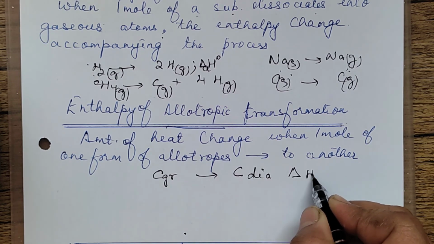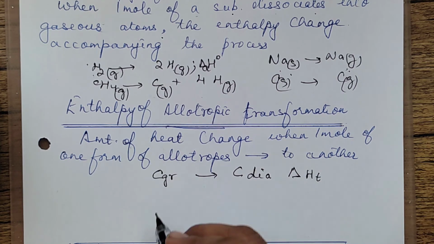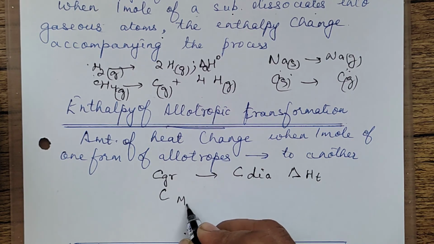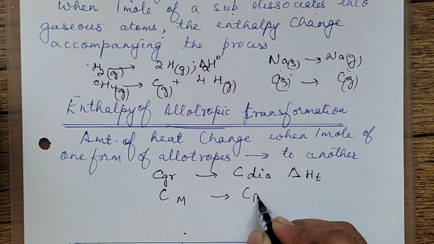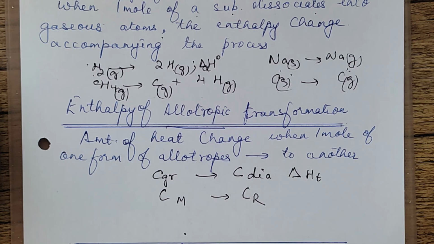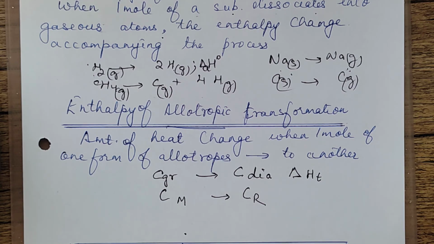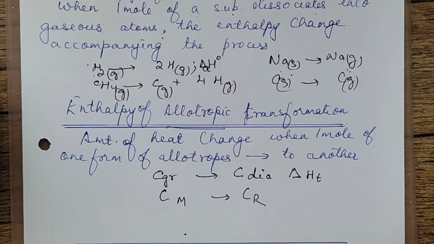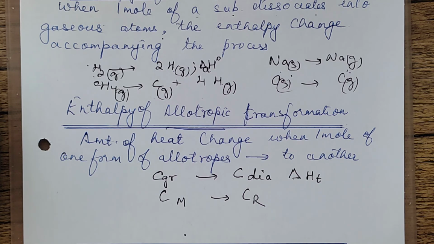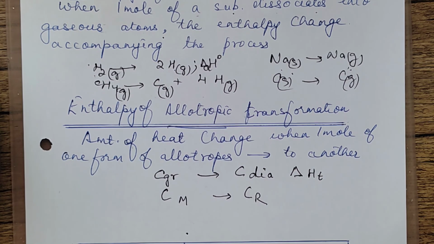Sulfur in the monoclinic form is converted to sulfur in the rhombic form. The enthalpy will be called the enthalpy of transformation. You will be using these when, applying Hess law of constant heat summation, we are not able to calculate some of the enthalpies.